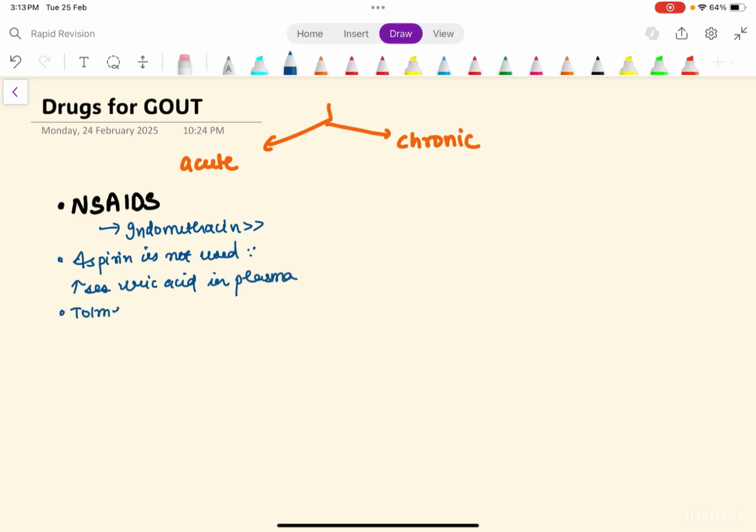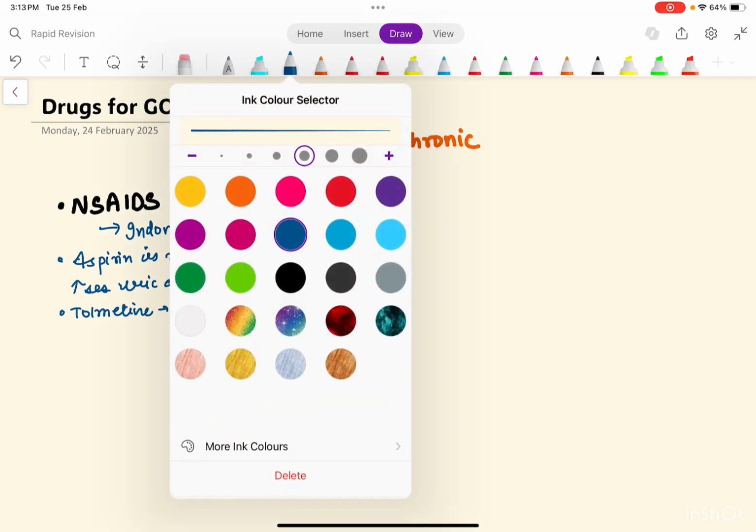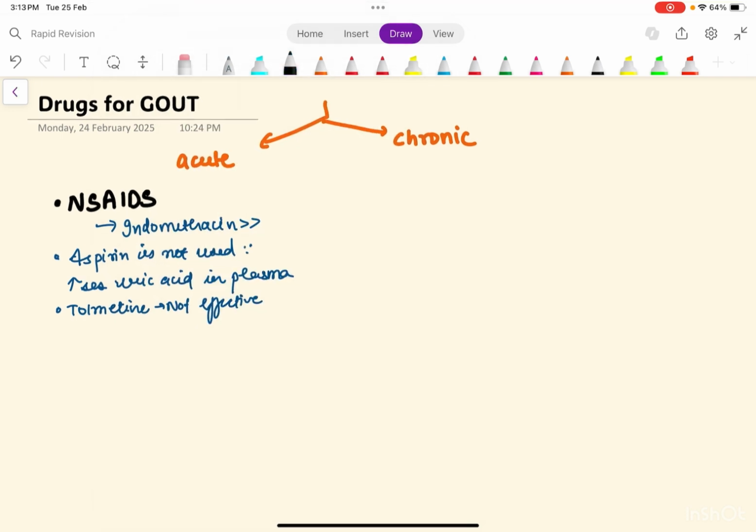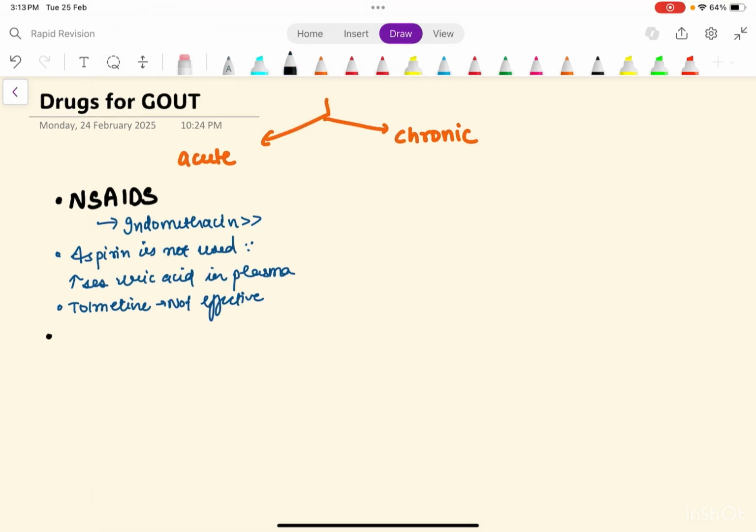All right, and tolmetin is not effective. All right, then second line of drugs which we use are the steroids. All right, now in steroids you can give an intra-articular injection.